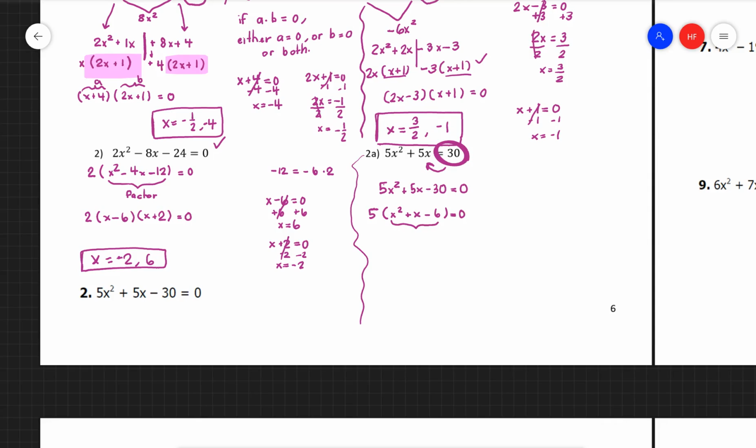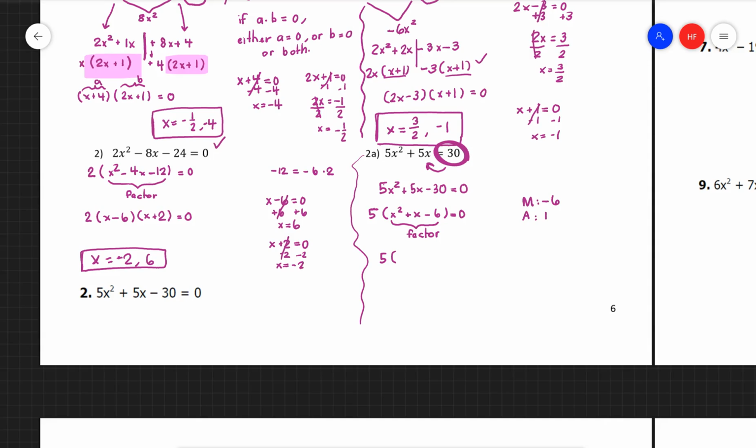I'm going to factor this inner piece. And would you look at that, a equals 1. So when a equals 1, then I can just find those two numbers that will multiply but add to. So I'm going to multiply to negative 6 but add to 1. So my two numbers that do that are going to be negative 2 and positive 3.